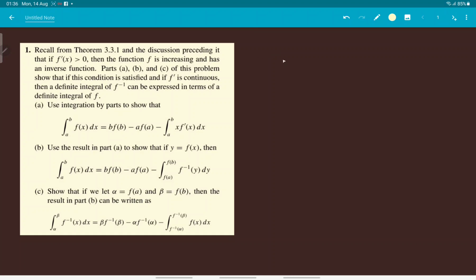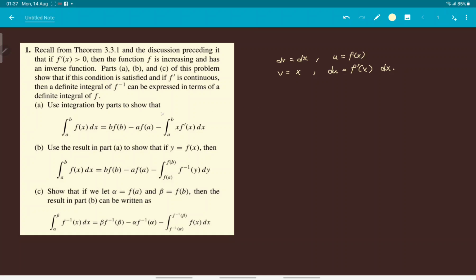Then our dv is dx, which means that v is x when we integrate it with respect to x. So for u, we get du equals f prime x dx.